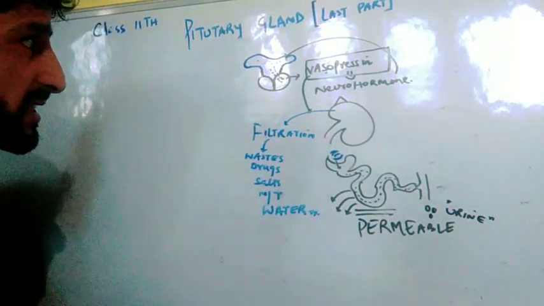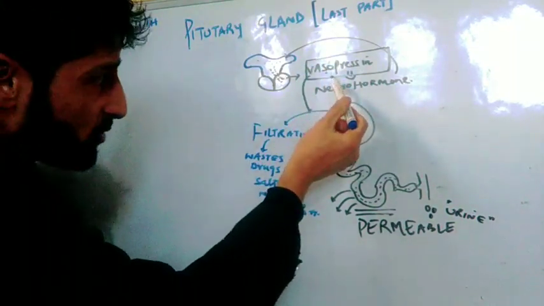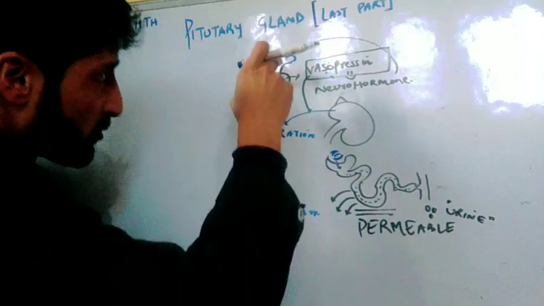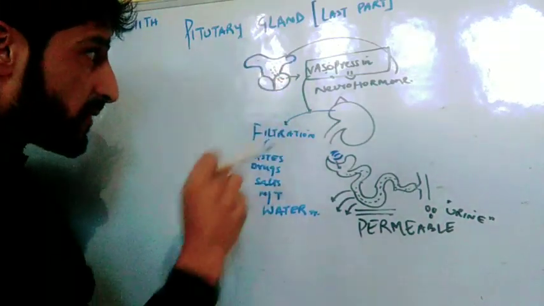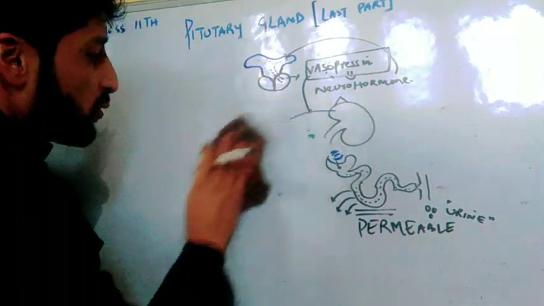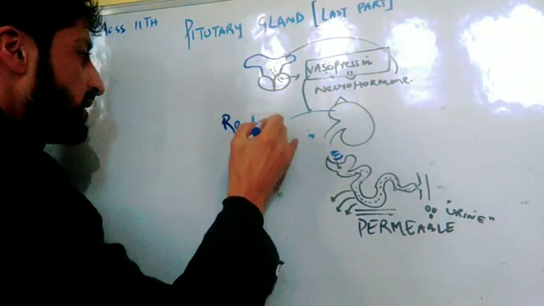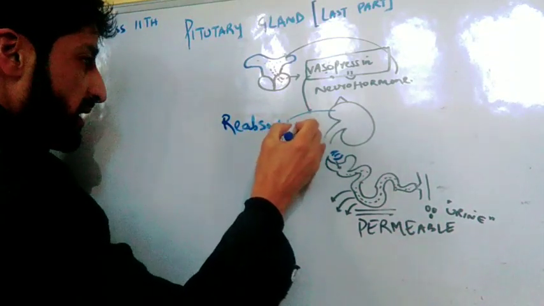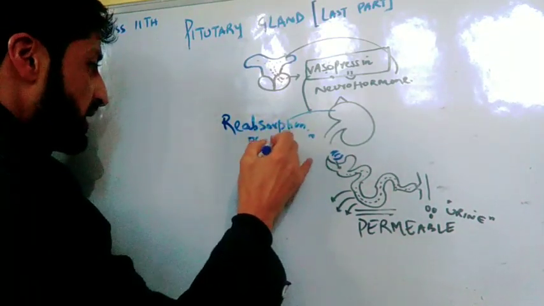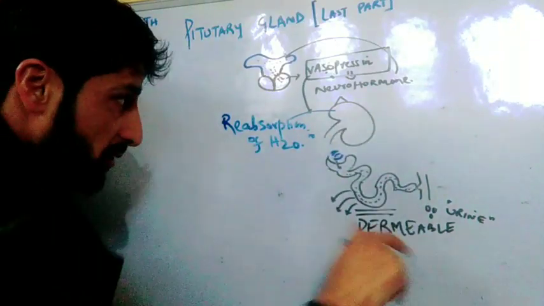Now, what happens is that it is this neurohormone that you call vasopressin hormone that is produced from hypothalamus. It is this vasopressin hormone that actually has a special role in reabsorption of water. When I say reabsorption of water, I mean water is not lost along with the urine.